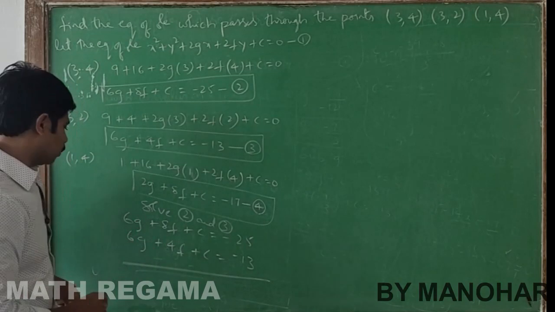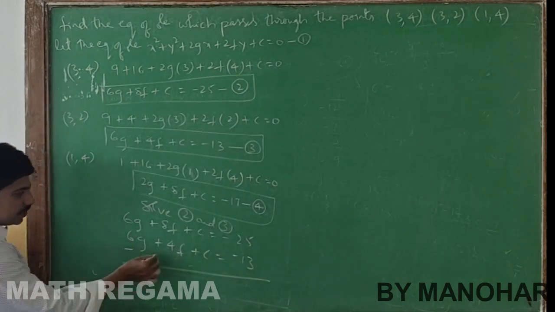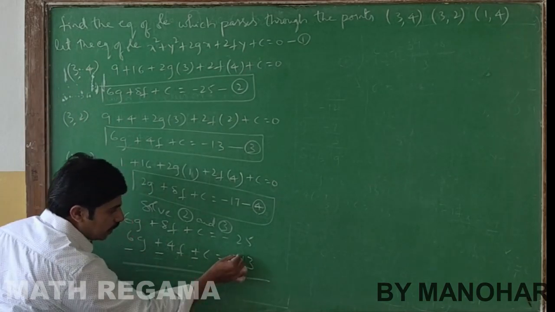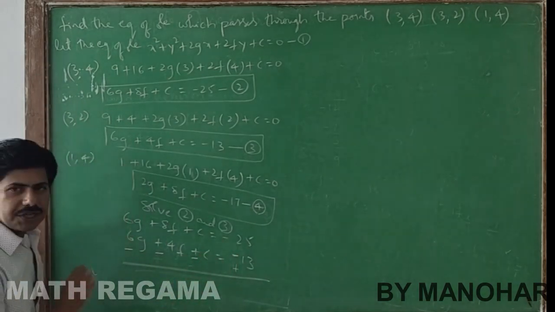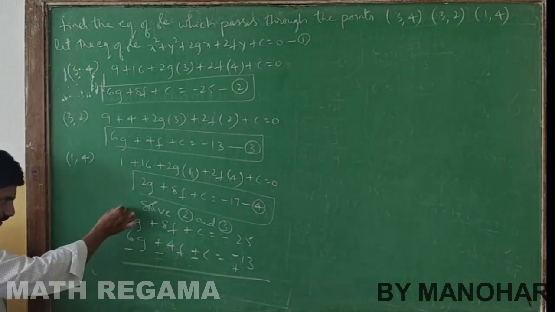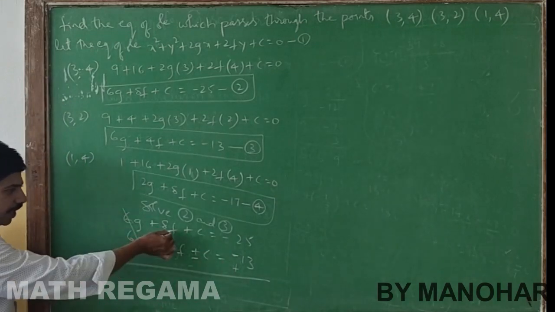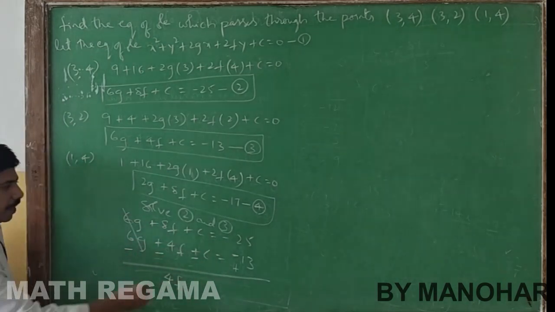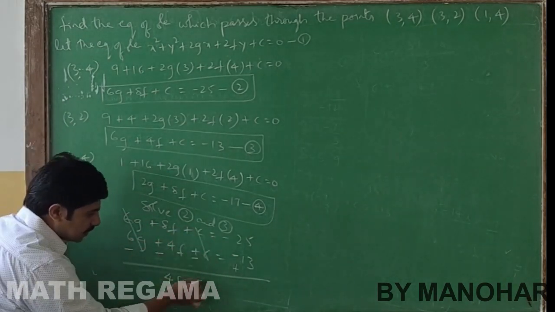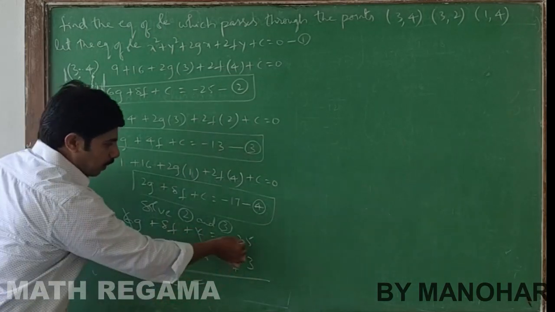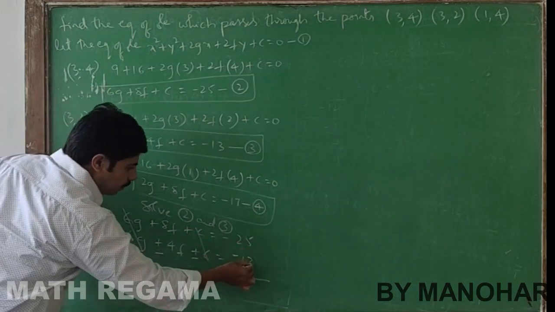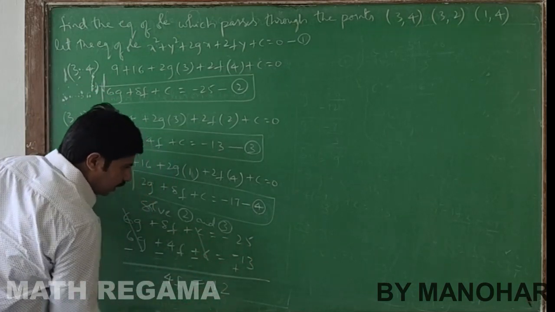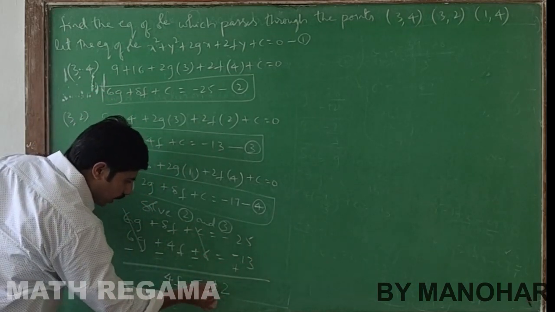I will subtract these two so that signs change: minus 6g, minus 4f, minus c and plus 13. After changing the signs, 6g minus 6g cancels. 8f minus 4f is 4f. c minus c cancels. It is equal to minus 25 plus 13, which is minus 12.